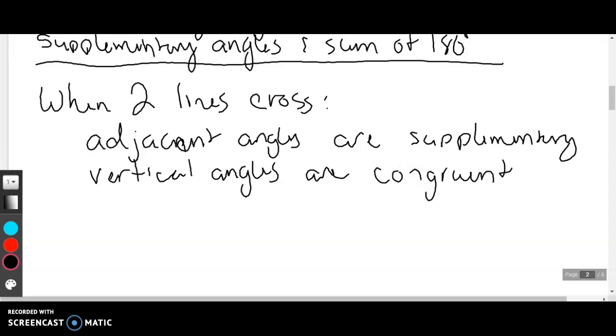And another word for congruent is they are the same.